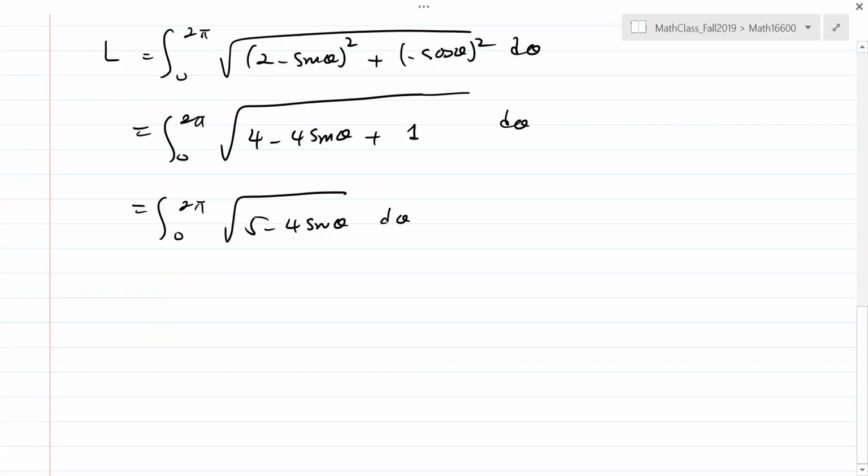If you're not able to evaluate this integral, just leave it like that. Make sure all the computation is correct, and you're not going to lose too much credit. So this is the integral of 5 minus 4 sine theta. This is inside the red. Maybe you're not able to evaluate this.